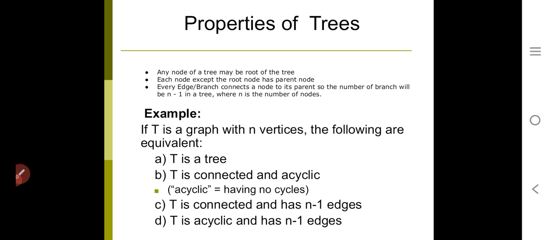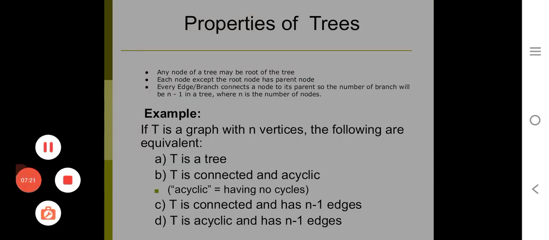Then we have to find the properties of a tree. From the above diagram, we name the graph capital T. If T is a tree, then T is a connected and acyclic graph.